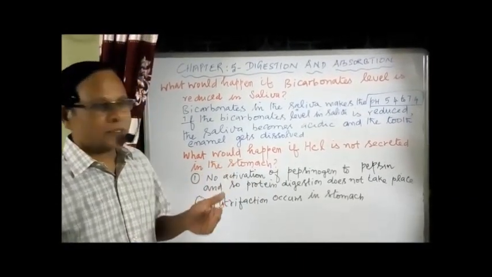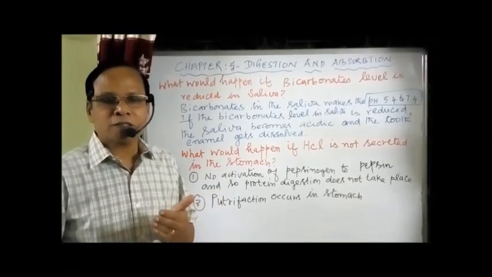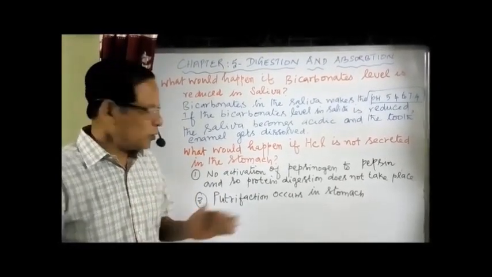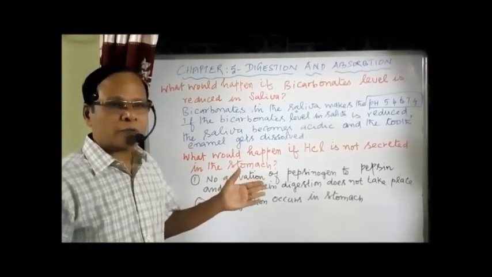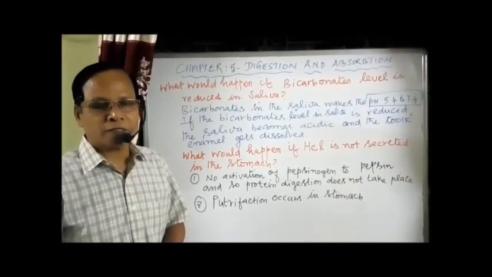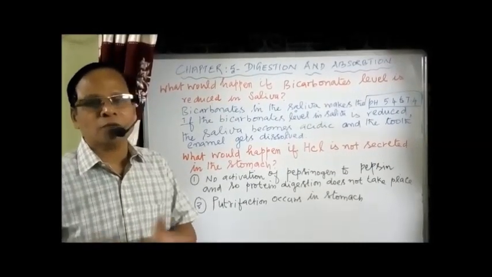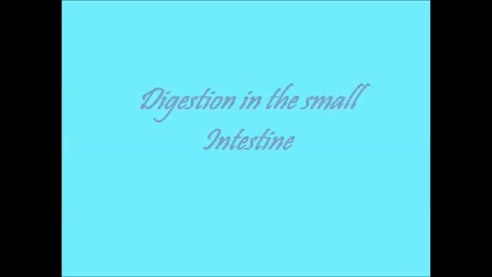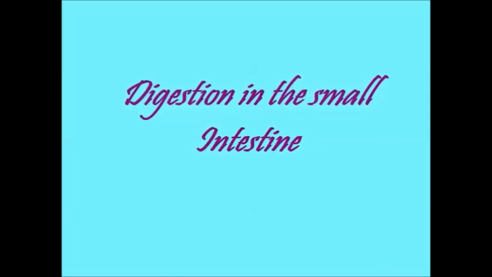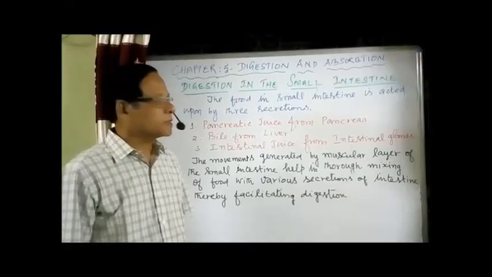So far we have studied digestion in the buccal cavity and digestion in the stomach. Now we have to study what happens to the food in the small intestine, otherwise called digestion in the small intestine. Let's see the process.